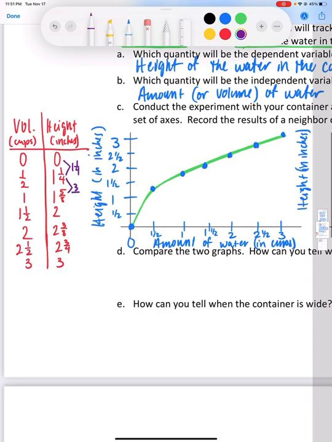So 2/8 to 5/8 is 3/8. 5/8 to 2 is also 3/8. And 2 to 2 3/8 is also 3/8. 2 3/8 to 2 3/4. So 3/4 is actually 6/8. So it's also a difference of 3/8. And we have a difference of 1/4 or 2/8 from these ones.